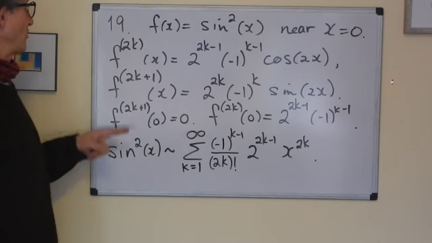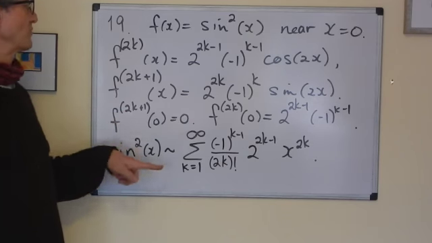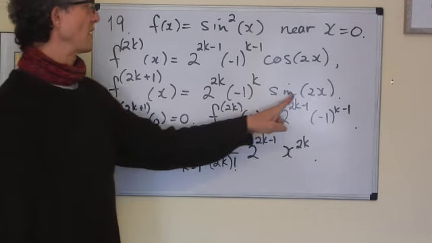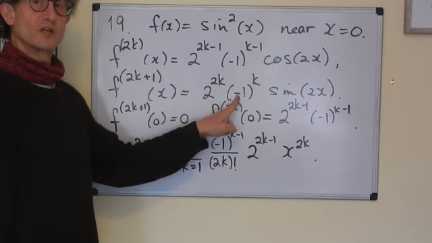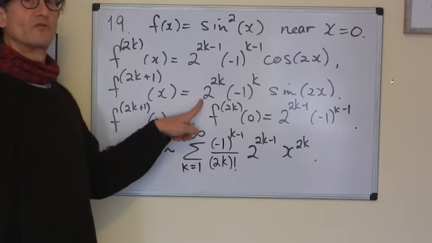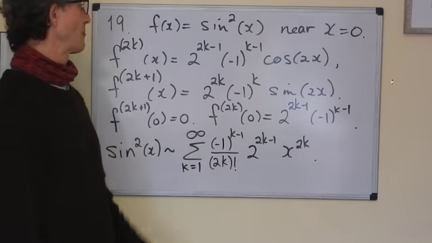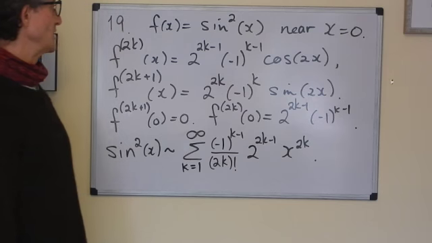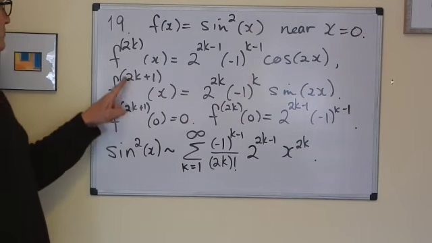The derivatives from 3 on, so k here is 1, 2, etc. The third derivative is going to be sine 2x again with a minus sign because we've differentiated twice since we had sine 2x, and with a factor of 4, or 2 to the 2k, because we get a factor of 2 twice.